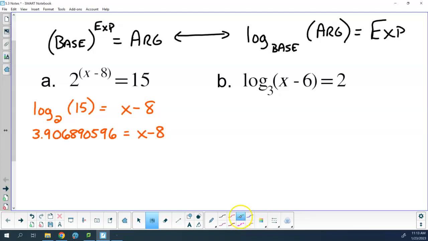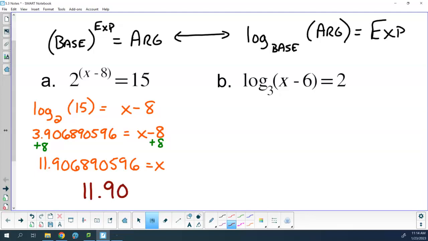Then we would add 8 to both sides, giving me 11.906890596. Then we would round to 3 decimal places. So our final answer here would be 11.907.